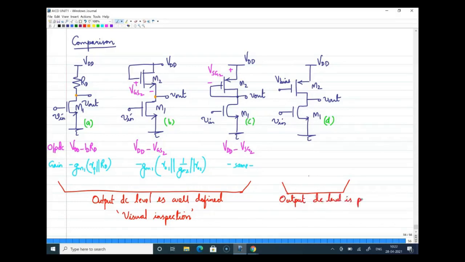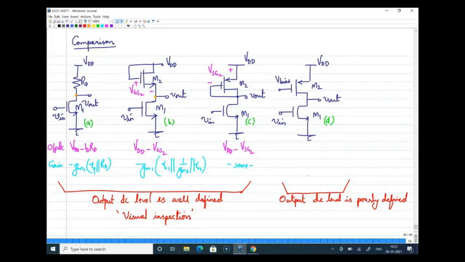is poorly defined. When I say poorly defined, by just visually inspecting, I cannot clearly talk about the output DC level. That doesn't mean that this will not have an output DC level. This will have one, or we have to fix the output DC level later. But by visual inspection, I cannot comment on that. So the output DC level is poorly defined.